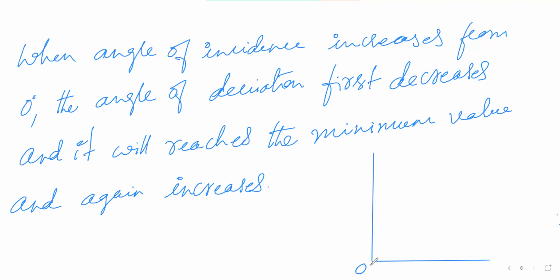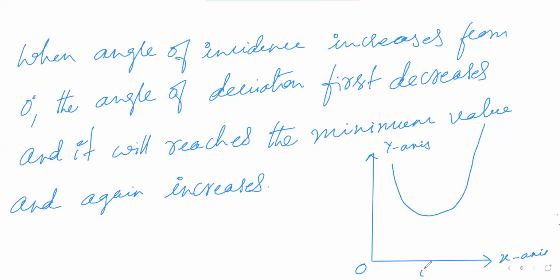So let us mark it as 0 here. Y axis, x axis. Okay, initially what will happen? As the angle of incidence keeps on increasing, the angle of deviation keeps on decreasing, it will become minimum, then it will keep increasing.